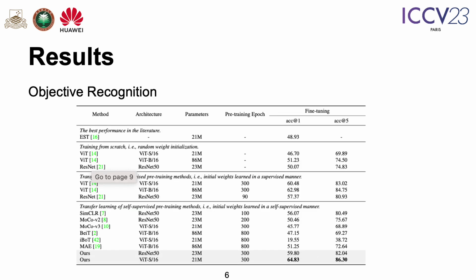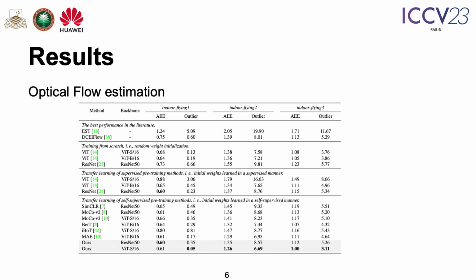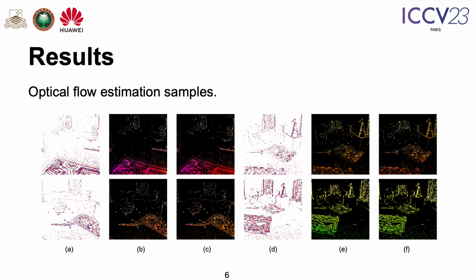We evaluate our method and state-of-the-art methods on three downstream tasks: object recognition, optical flow estimation, and semantic segmentation. Here are optical flow estimation examples of our method on the MVSEC dataset.